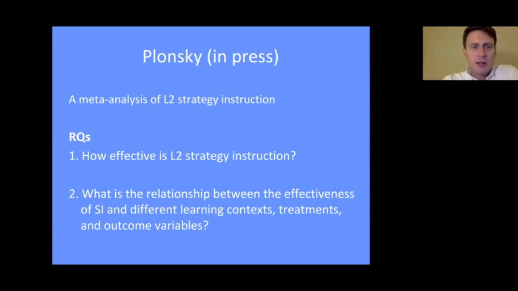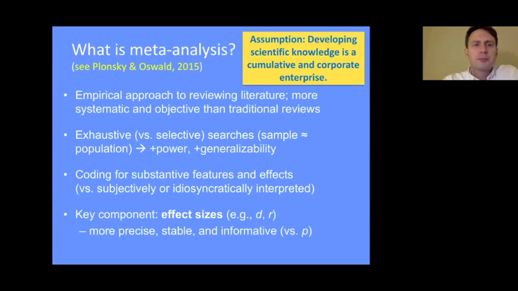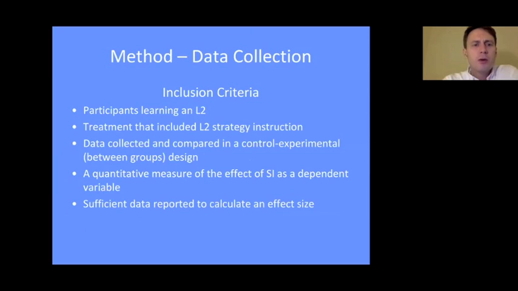I'll tell you about the study quickly. I'll skip this, just background on meta-analysis. I had a set of inclusion criteria, and I searched exhaustively and thoroughly for studies that included strategy instruction in some way.